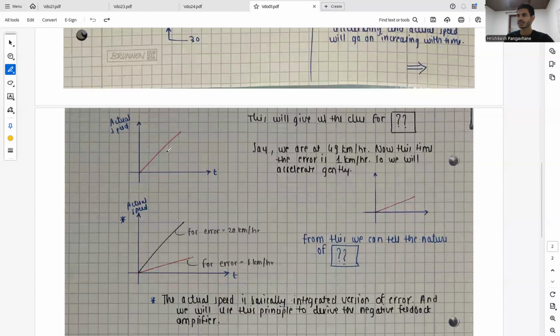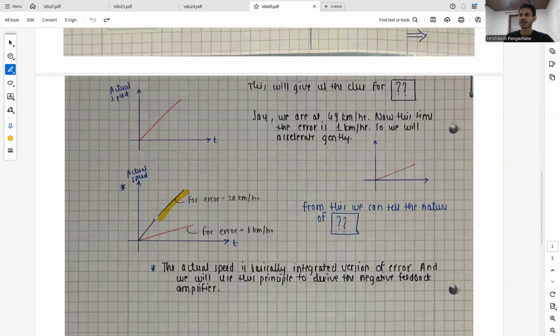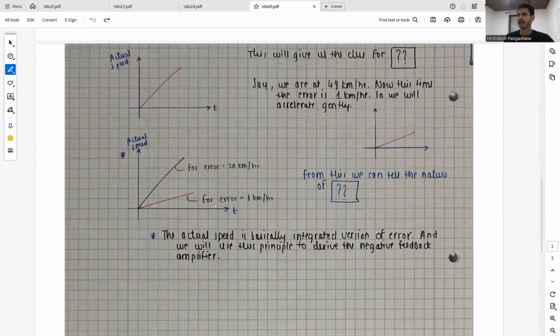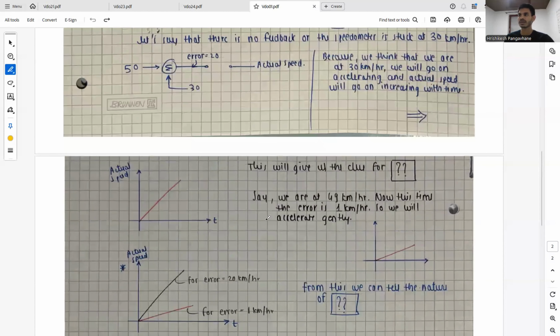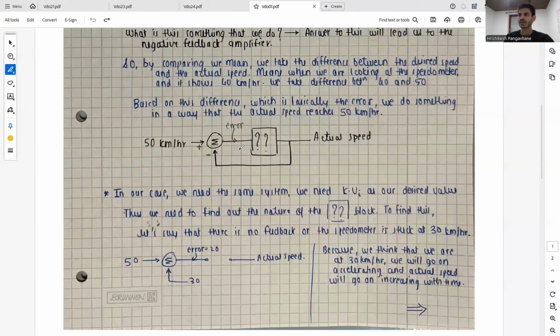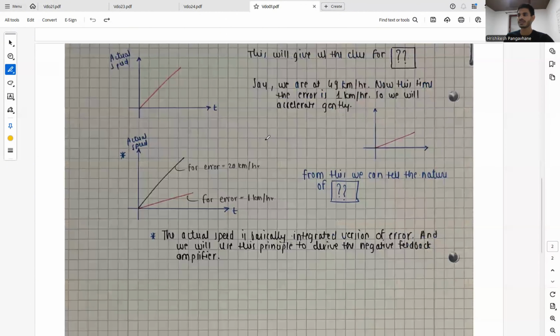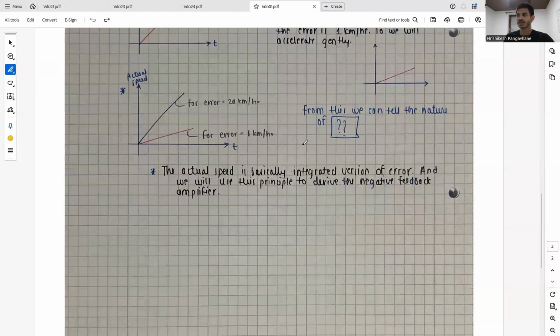Combining these two curves, we have such behavior, and from this we can tell the nature of this block. What we are doing is that the actual speed is basically the integrated version of the error. The actual speed is nothing but the error integrated over here.